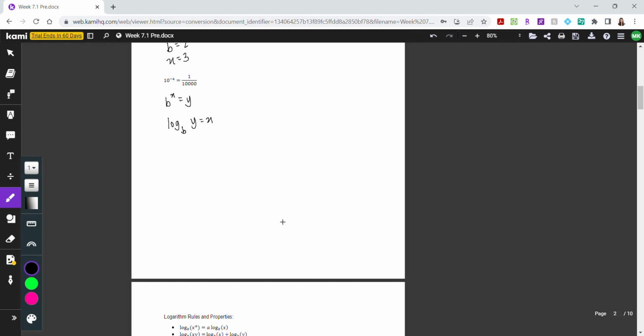If I were to list out the things, my y is 1 over 10,000, my b is 10, and my x is negative 4. Therefore, if I were to write this into logarithmic form, I would get log base 10 of 1 over 10,000 equals negative 4. And that'll be it.